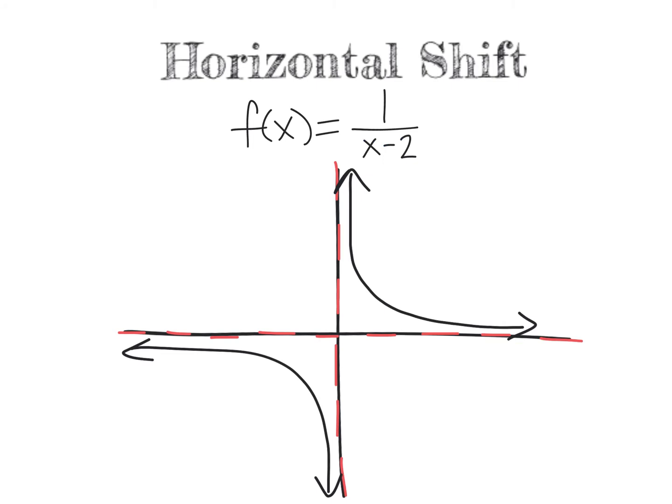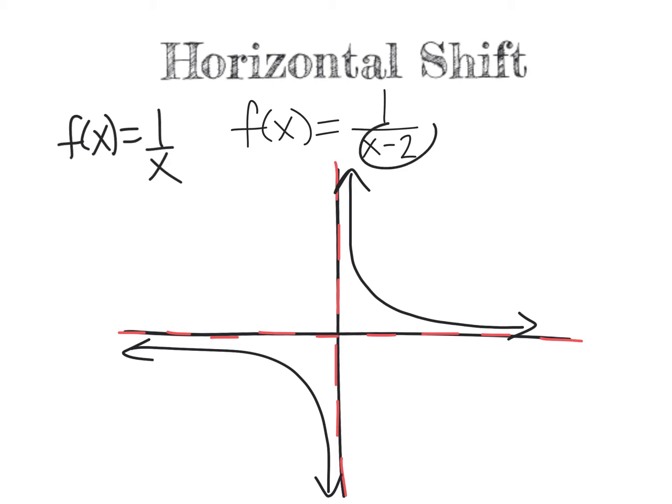So here we're dealing with the horizontal shift. I'm going to be showing you the parent function to begin with, and then show you what the function is going to look like after the equation occurs. So we're comparing everything to f of x equals 1 over x, the parent function, where it's centered at the origin. Now the x minus 2, if we think back to the rules of vertical asymptotes, we set the denominator equal to 0 and solve for x.